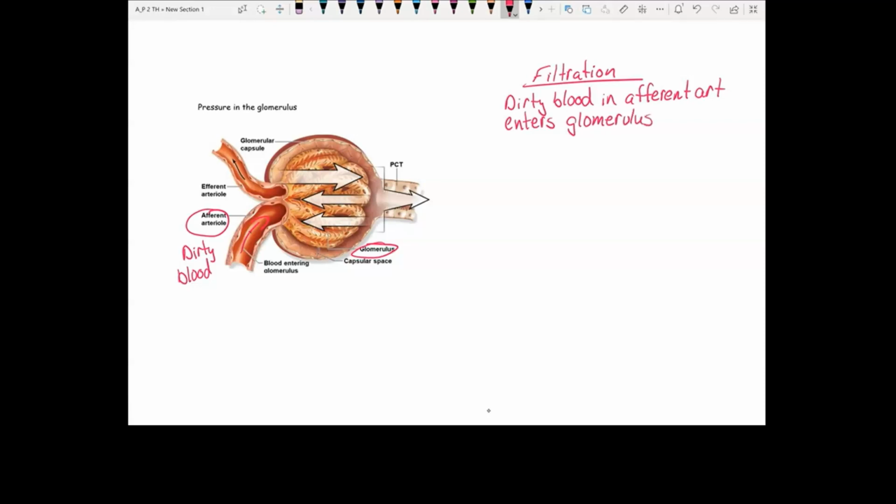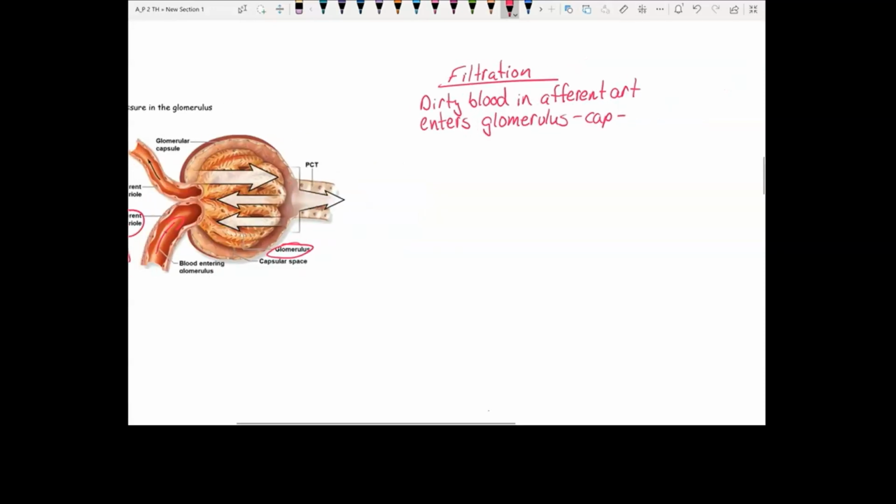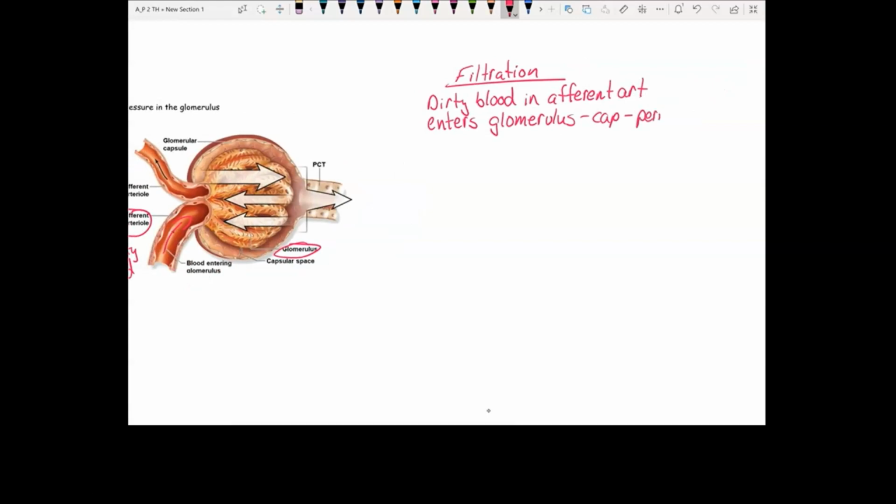Now we are going to push small molecules out. So remember, the glomerulus is a capillary, and capillaries are permeable. They have holes. And you actually have what's called a filtration membrane on the glomerulus. Think of it like a sieve.